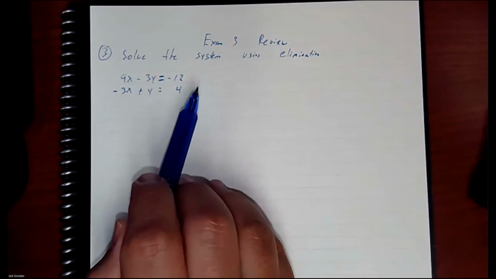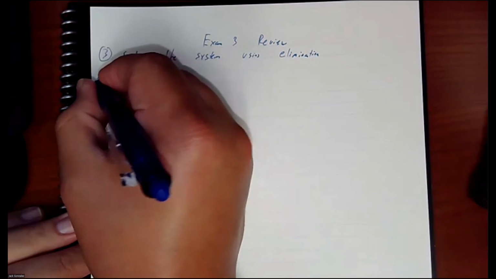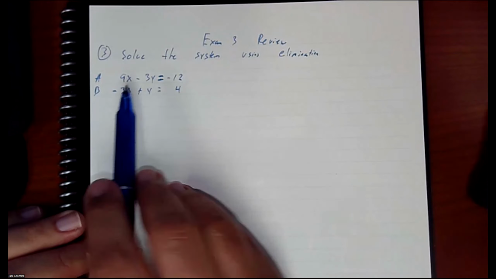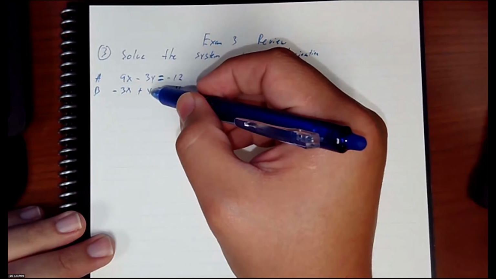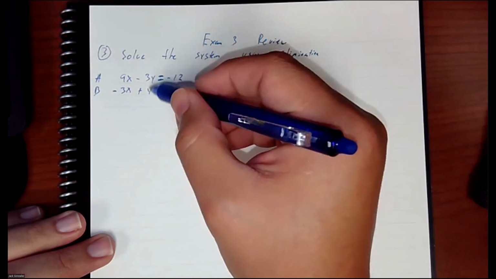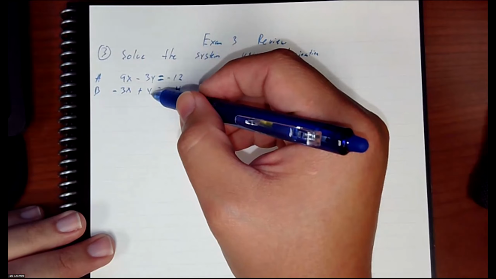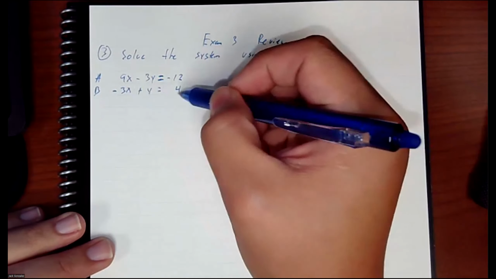You're going to add them up, but you want to first manipulate them so they're the same number but opposite sign. So for example, if this was a positive 3 and a negative 3, and you add them together, they're going to be 0, right?